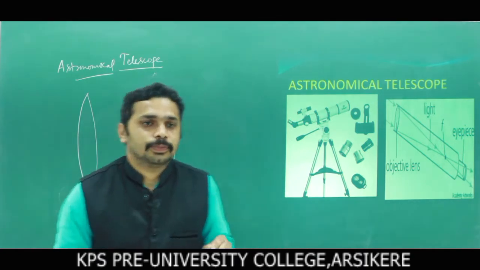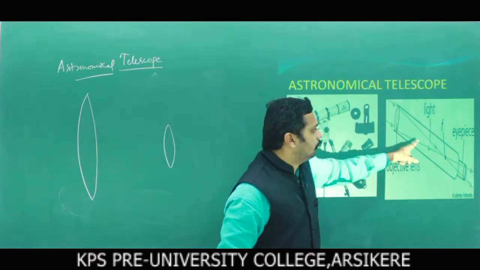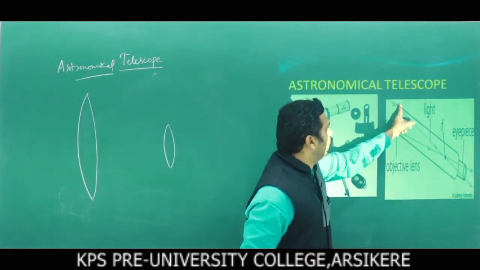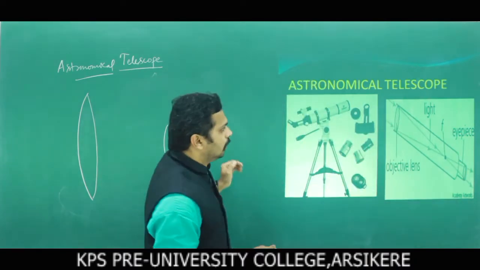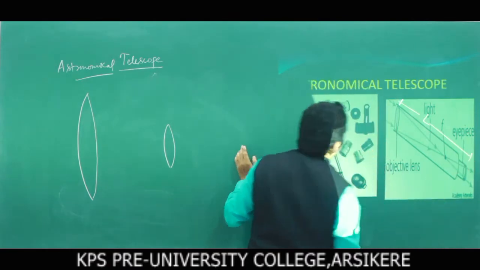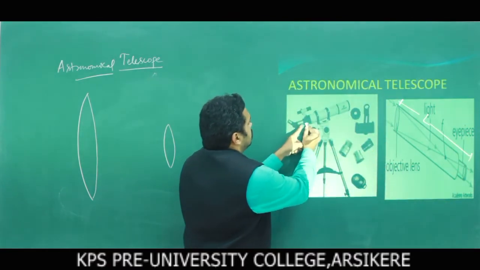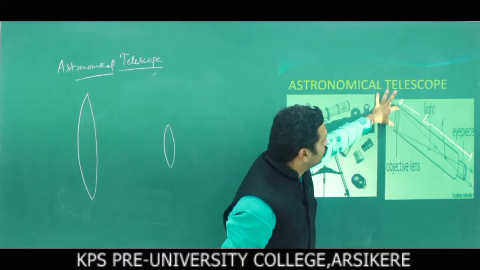May I clear this? Now look here, the astronomical telescope consists of two lenses, one objective lens and the other an eyepiece lens, and also it consists of a tube. The tube has two ends.